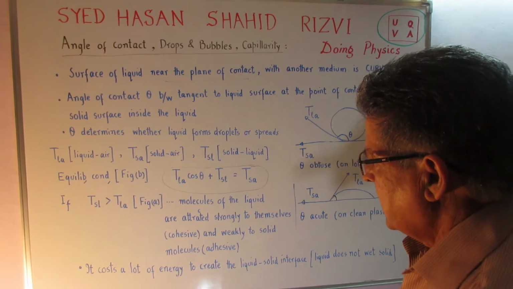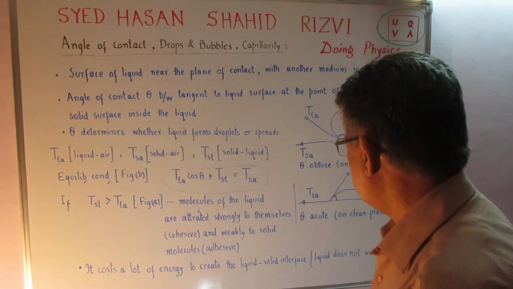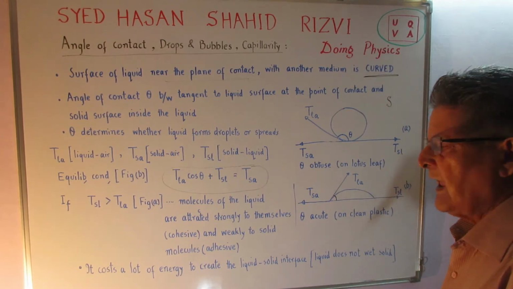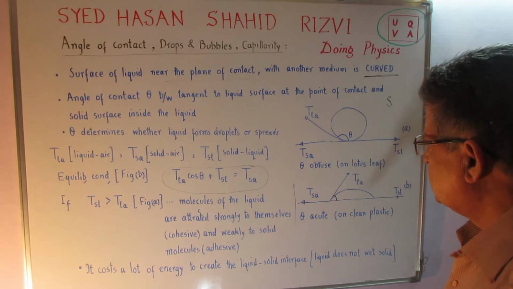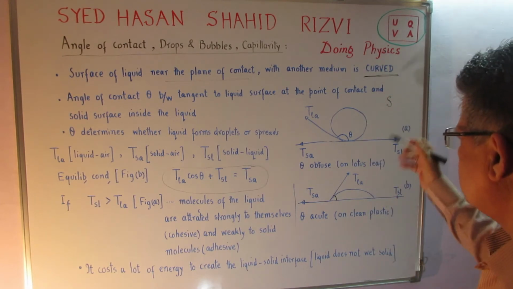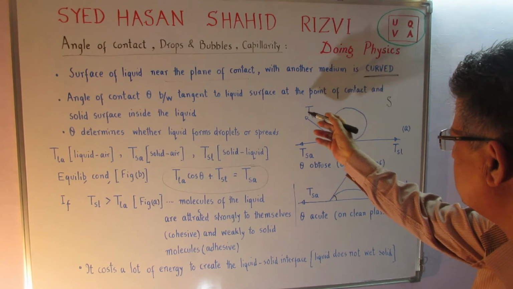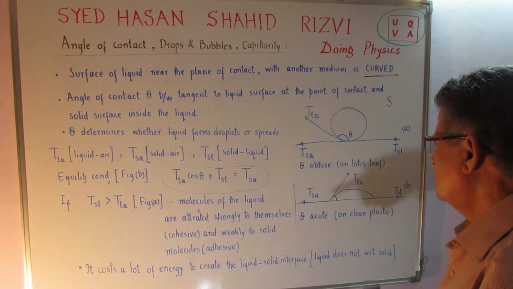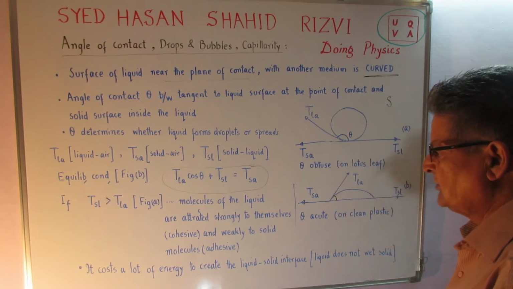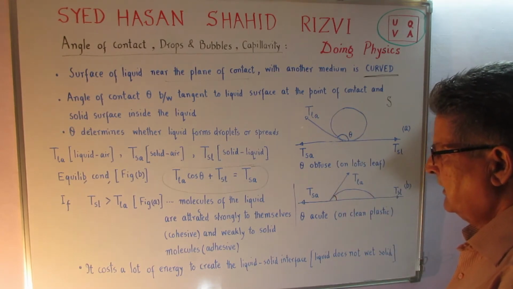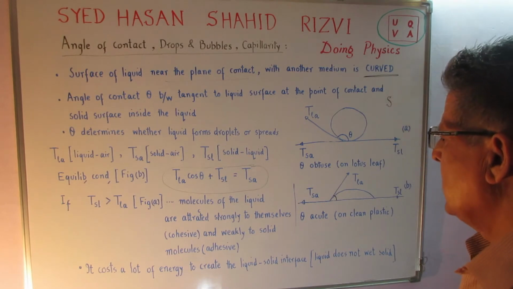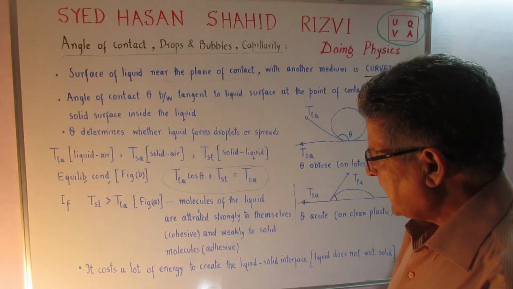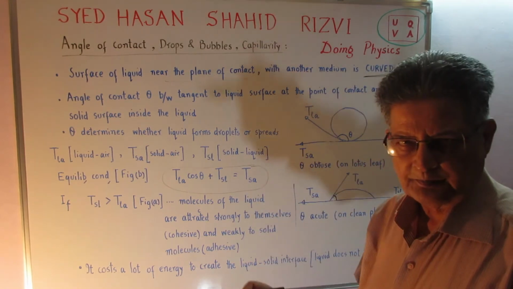Well, if TSL is greater than TLA, like it has been shown in the figure A, that this has to be greater than that because this plus this cos of theta, okay, they together are balanced by this, figure A. Actually what happens is that the molecules of the liquid are attracted strongly to themselves.